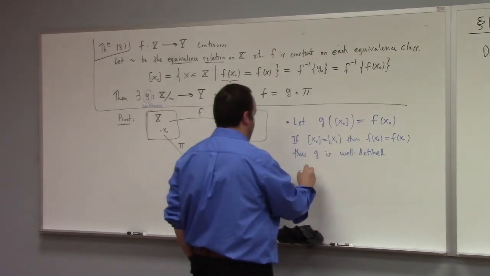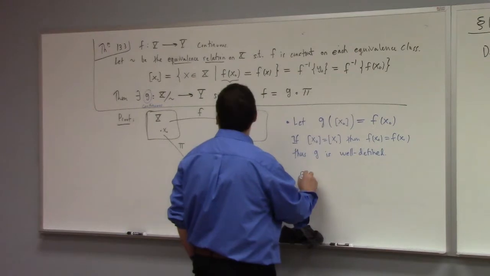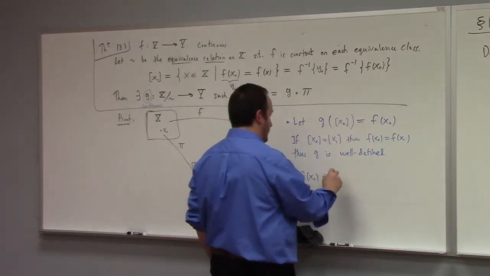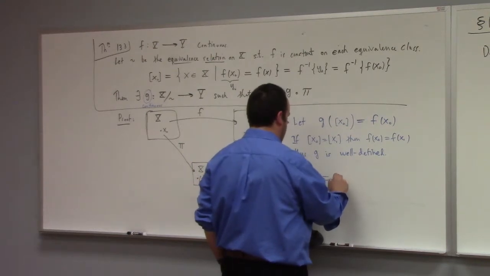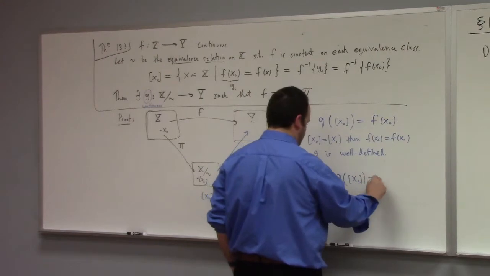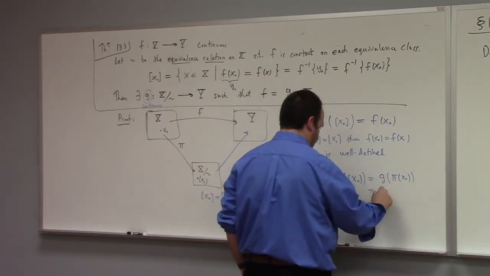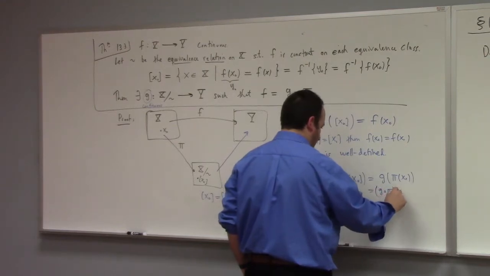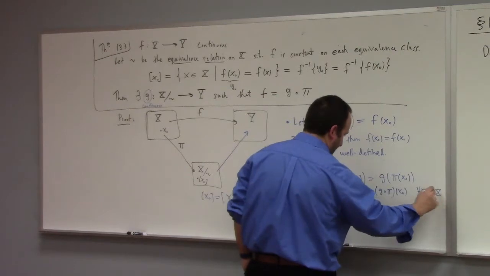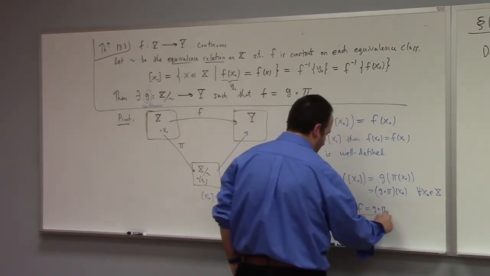If we look at, let's see here, F of x naught is equal to G of pi of x naught, which is G composed with pi of x naught for all x naught, right? Therefore, F is G composed with pi. Okay, good. All right.